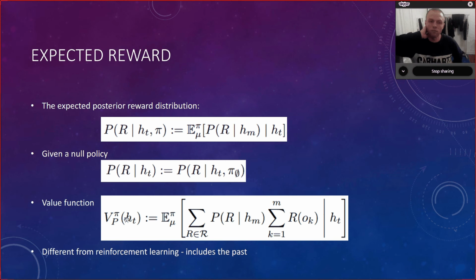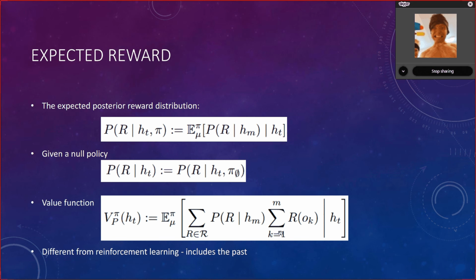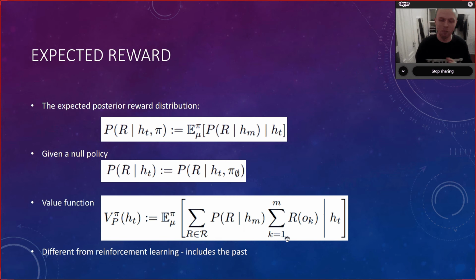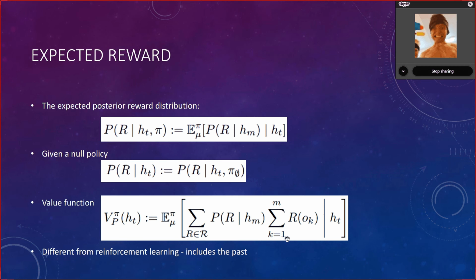The only thing we should notice here is the sum over histories. In standard reinforcement learning, we don't care so much about the past. Here we want to, in some sense, go back to the future. So even the very first action we took, when we didn't really know anything about the reward function, counts in the scoring as well.